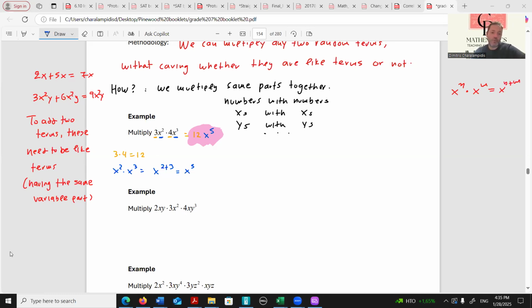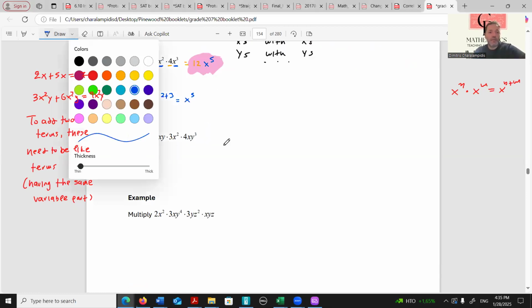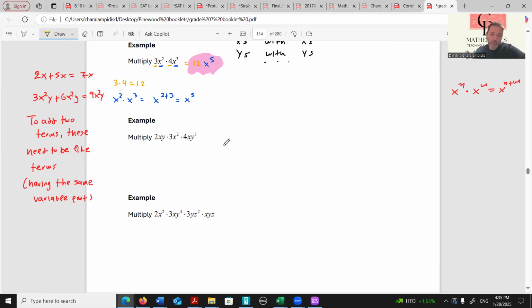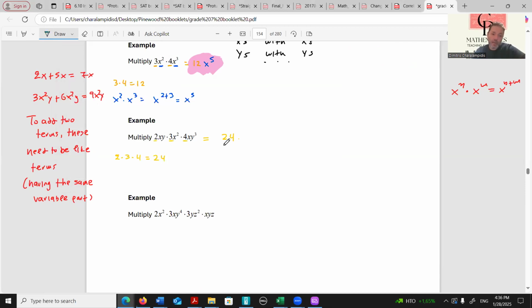Let's move to the next one. 2xy multiplied by 3x squared multiplied by 4x cubed y. Again, I'll need to multiply the numbers together. So 2 times 3 times 4 should be 24. So the result will definitely contain 24. Then I should be multiplying the x's together.